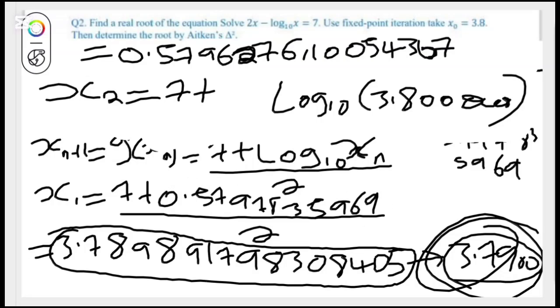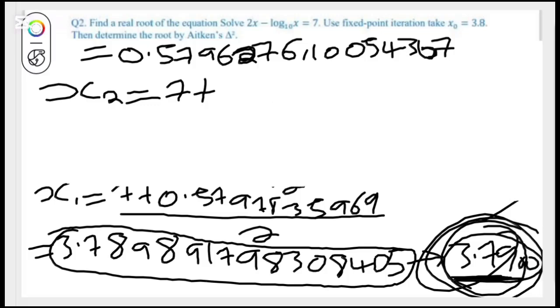So after then, the final solution that I get after this, I will make this to 4 significant figures. After making it to 4 significant figures, this will be my new x1. After then I will say this multiplied by log of this. I hope you get it. So now the final answer that I get, if I multiply this by the log of this, let me see what I get.